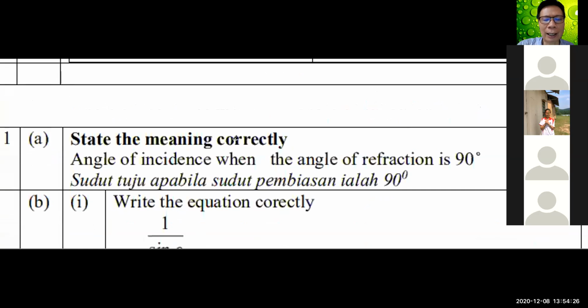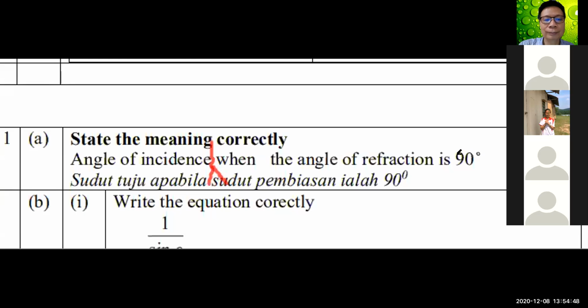Angle of incidence, this answer is not complete. I will say incomplete. It should be like this: angle of incidence in the denser medium, when the angle of refraction is 90 degrees.